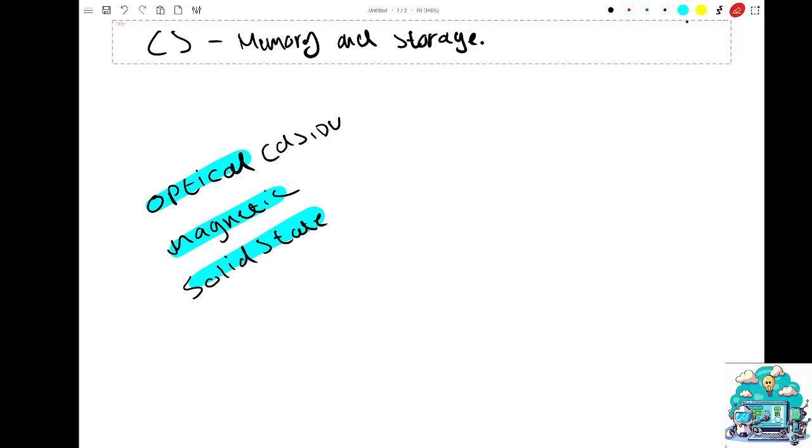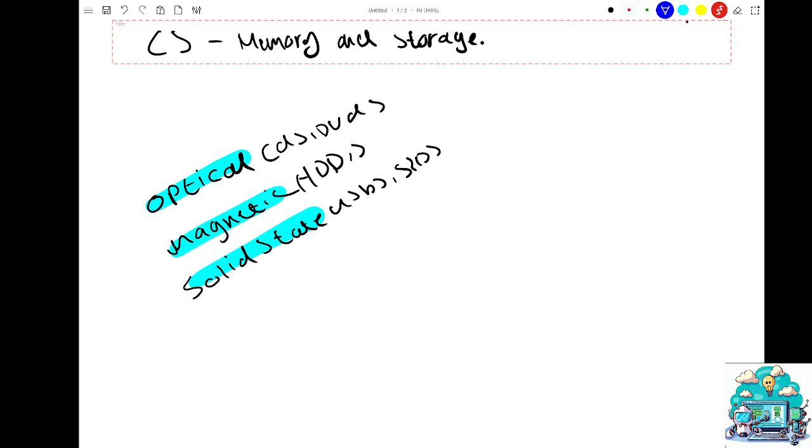There's CDs and DVDs, yeah. Magnetic is your HDDs, and then your solid state is like USBs and SSDs. So let's look into them in a bit more detail.